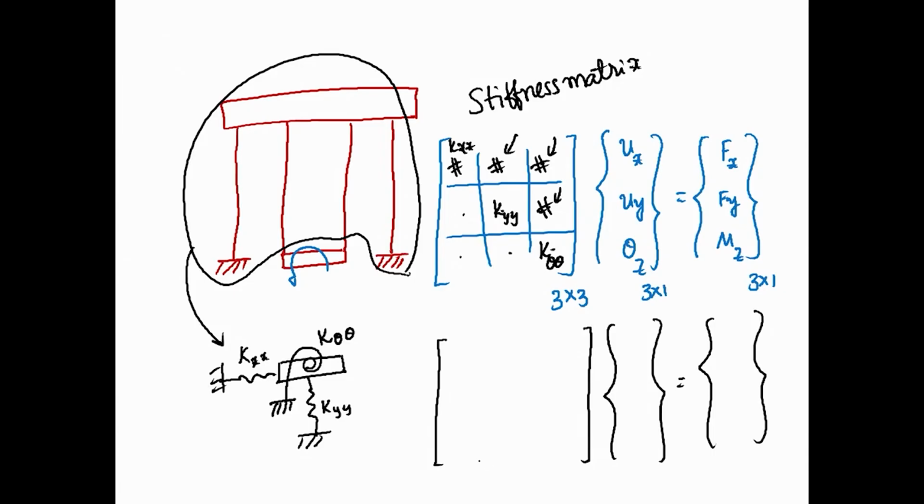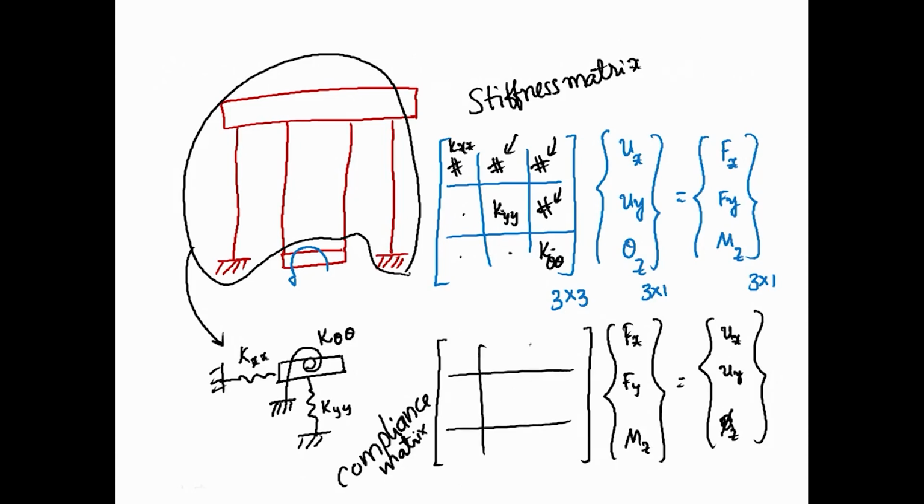Now, this is the stiffness matrix, this one is called the compliance matrix. So, this will relate fx here, fy here, and mz, and then these will be ux, uy, and theta z, and this also is a 3 by 3 matrix, and this we denote by C, we denote this by K. This is the K matrix, this is the C matrix.